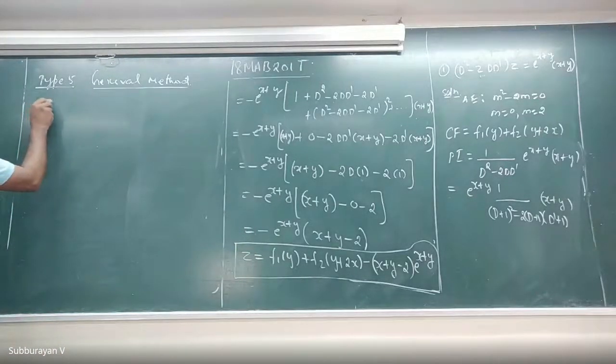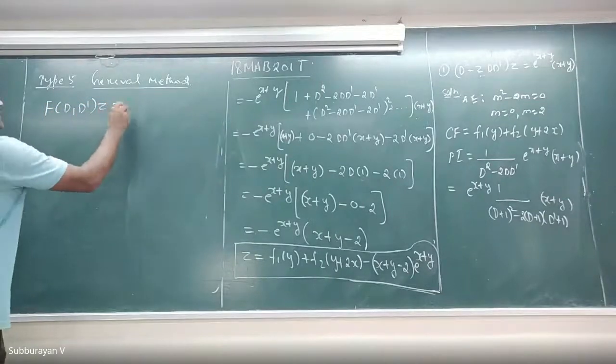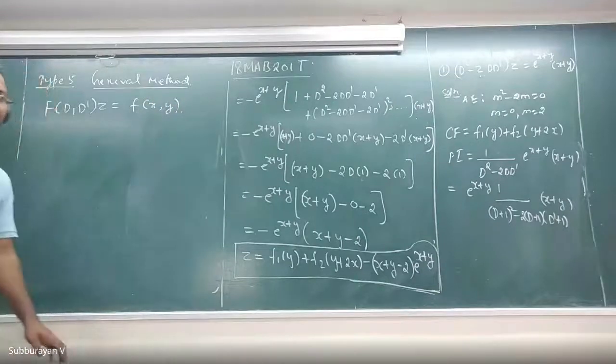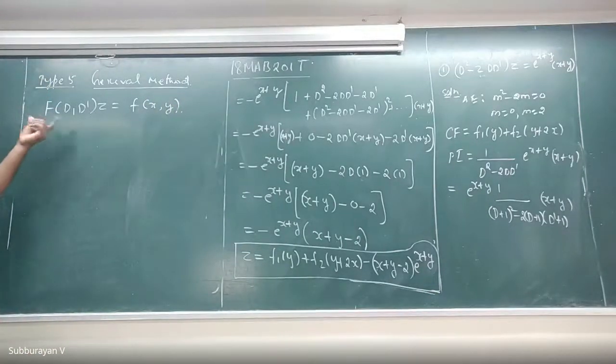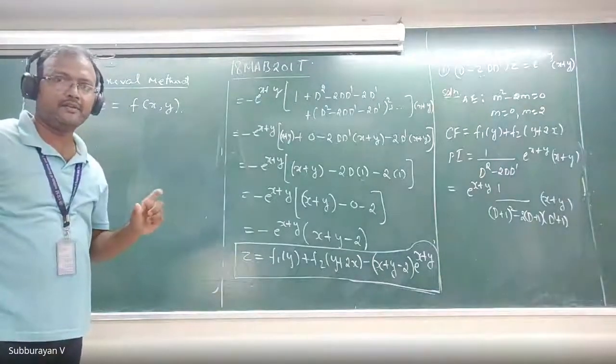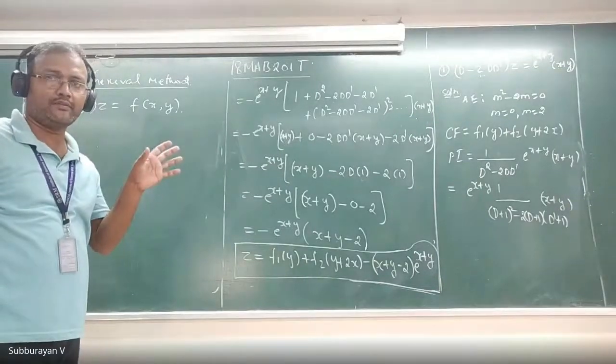Consider the given differential equation f of D comma D prime z is equal to some f of x comma y. Now, in this general method, first we have to factorize the operator polynomial into a product of linear factors.